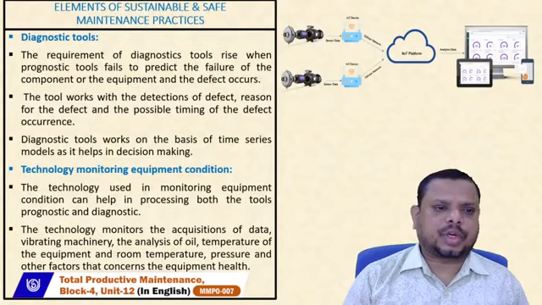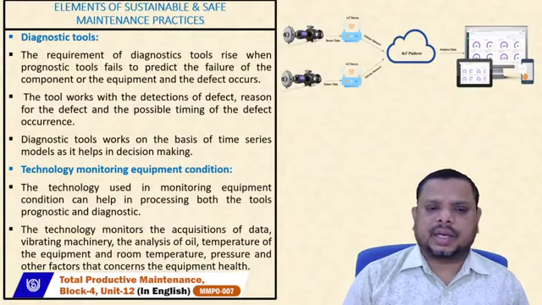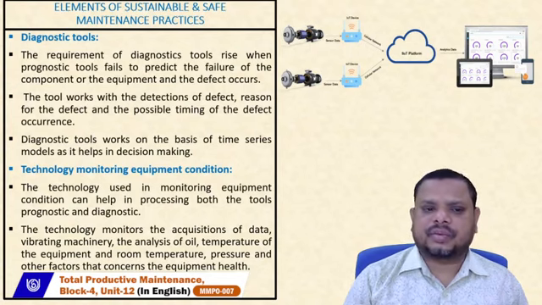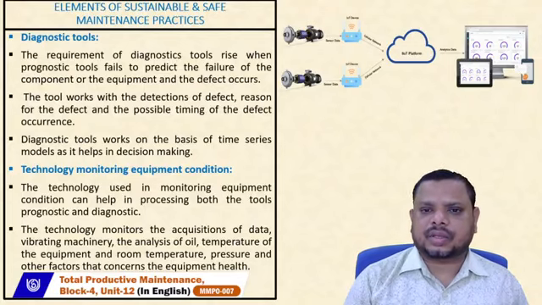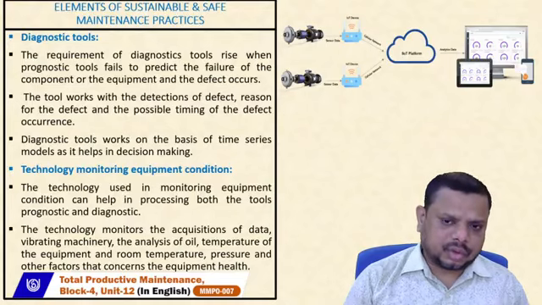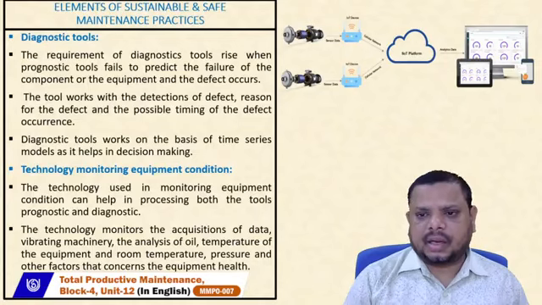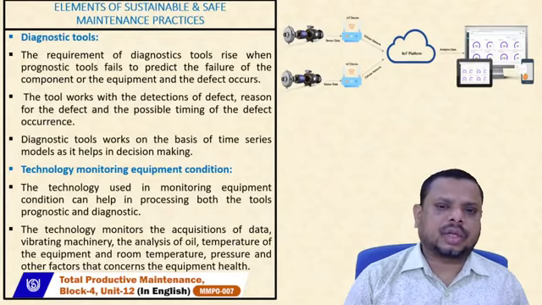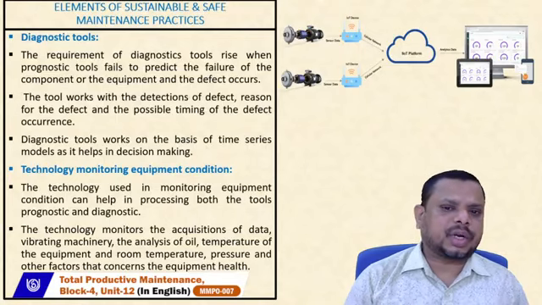So the most important function of this diagnostic tool is that it detects the defects, analyzes the region of defects, and also identifies the time of defect occurrence. Maybe due to a higher bearing load, maybe the coupling is not properly aligned, or maybe it happened due to improper setting of the machines or equipment by the operators.